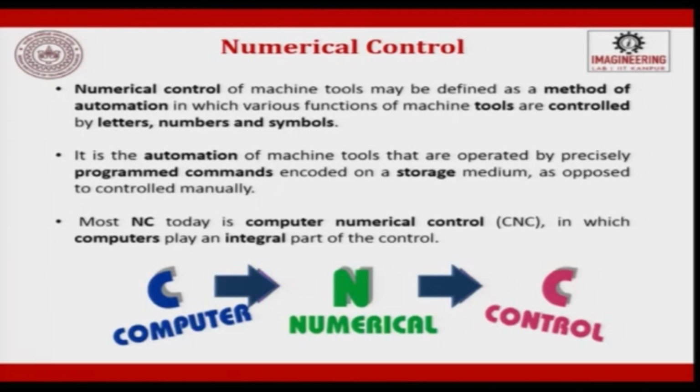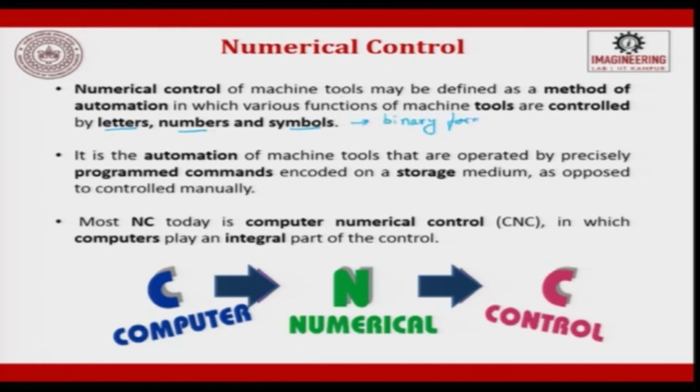What is numerical control? Numerical control of a machine tool may be defined as a method of automation in which various functions of machine tool are controlled by letters, numbers and symbols. So, if you see letter, number, symbol, all these things can be converted into binary form.